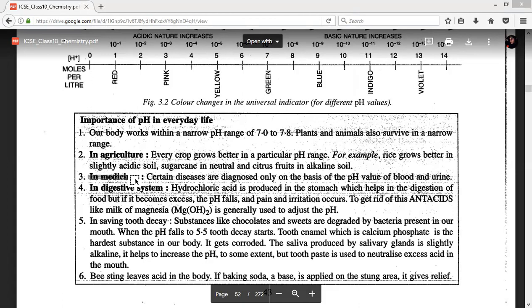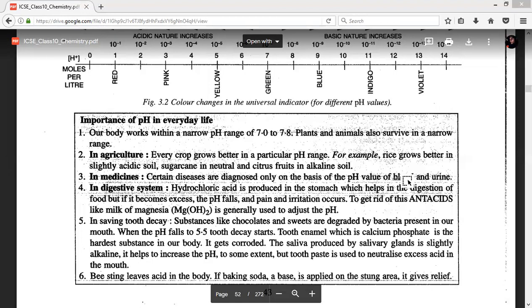When we consider the field of medicine, the first term that comes to mind is diseases. Today we are facing different types of diseases, and normally we go to the doctor. He or she prescribes different tests. For the tests, we give either blood or urine. Remember, in urine and blood also we have to check the pH.